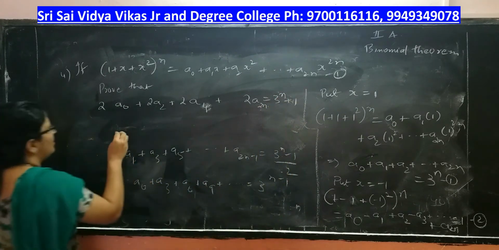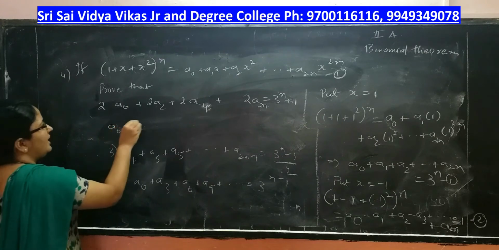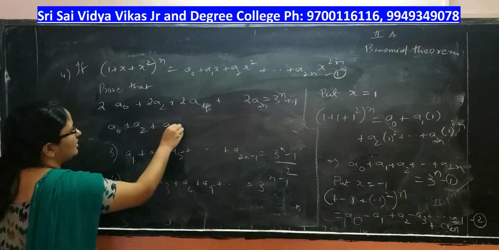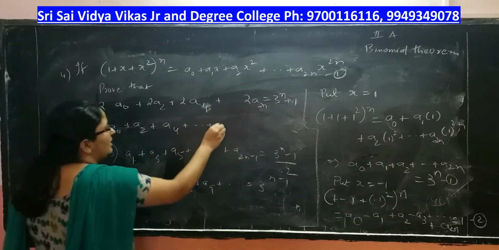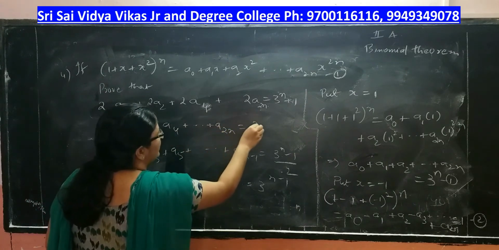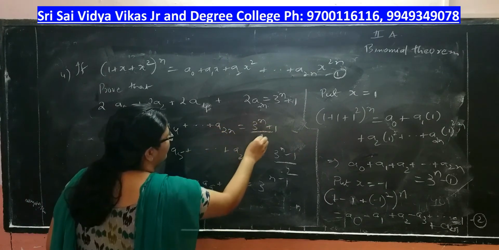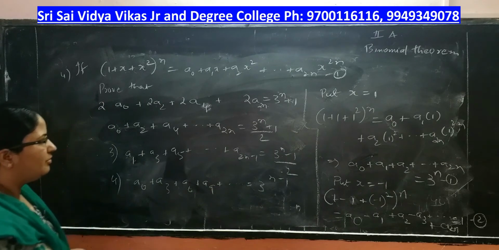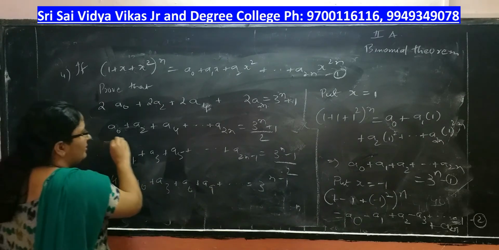Take 2 common throughout, you have a0 + a2 + a4 + and so on up to a2n is equal to (3^n + 1)/2. This is what you have as proof. This is the second proof.